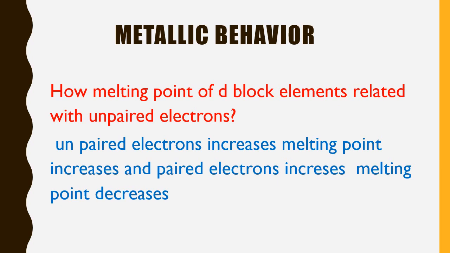Suppose unpaired electrons increase, the melting point of the metal also increases. If paired electrons increase, the melting point will decrease.